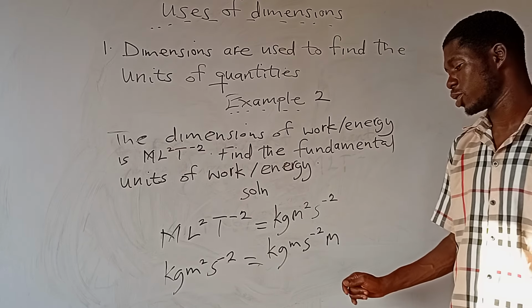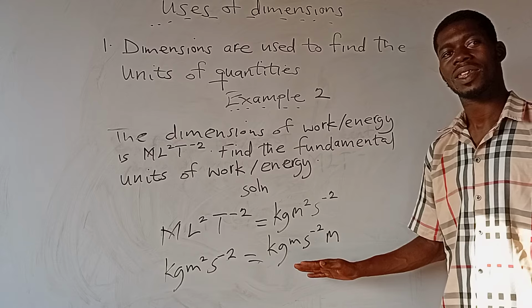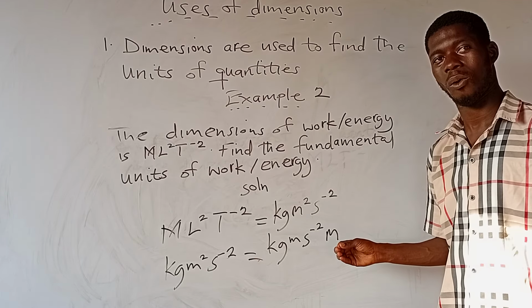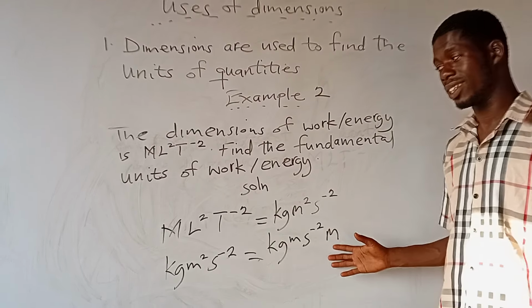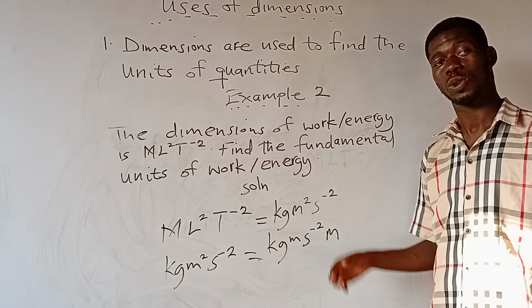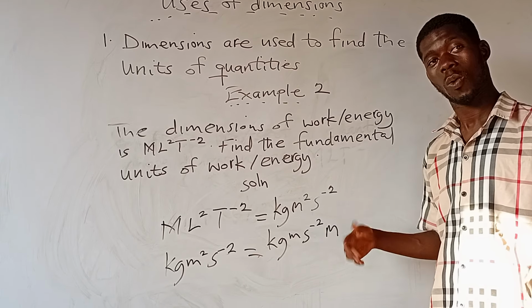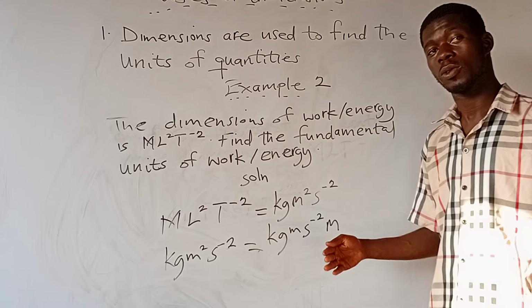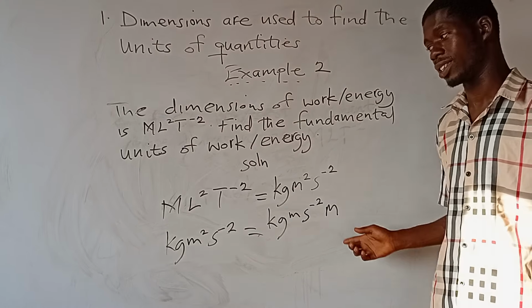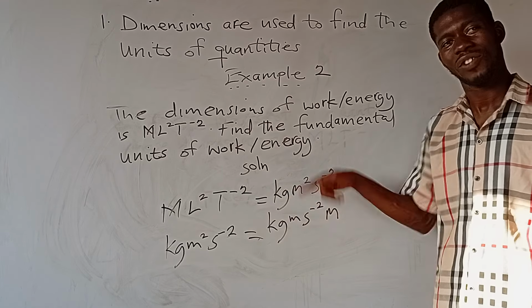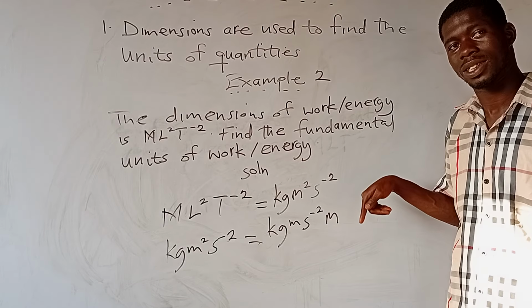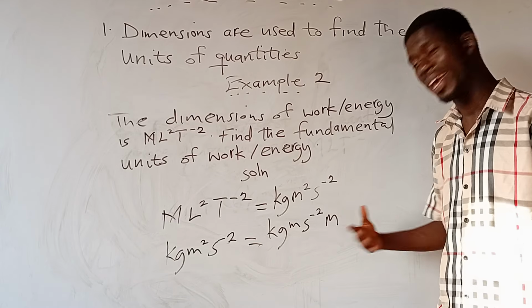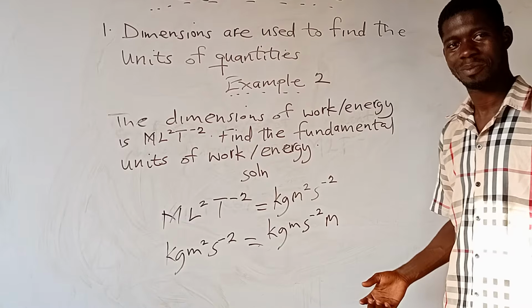So this is the unit for work or energy. So one use of dimension is to find the unit of a physical quantity, and you have used this dimension to find the unit of work or energy.